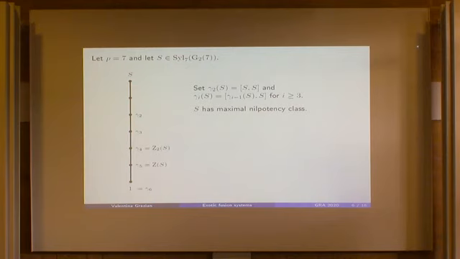In other words, the P-group S has class 5, so it has maximal nilpotency class. So the lower central series is as large as it can be. And in maximal class P-groups, the lower central series corresponds to the upper central series. So gamma 5 is the center, gamma 4 is the second center, and so on.